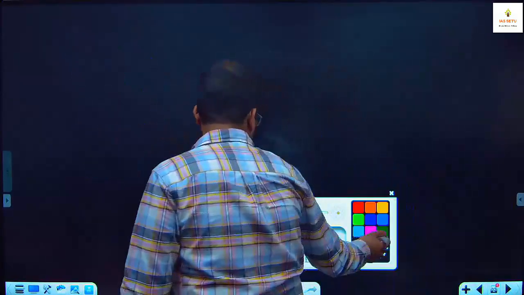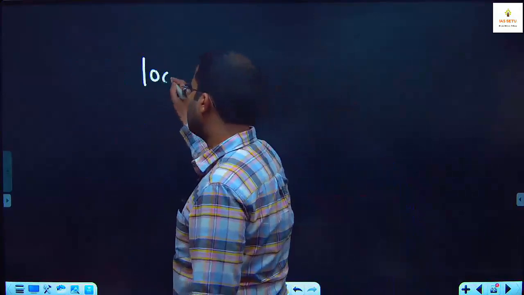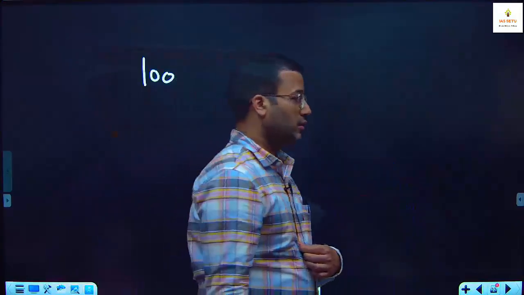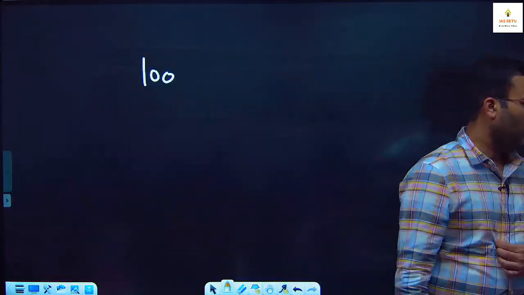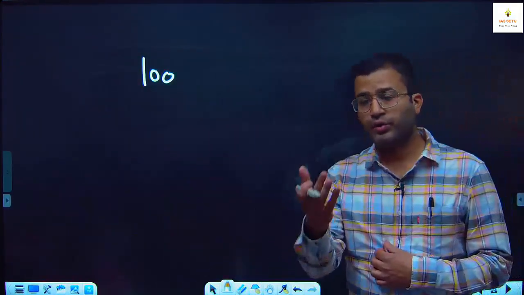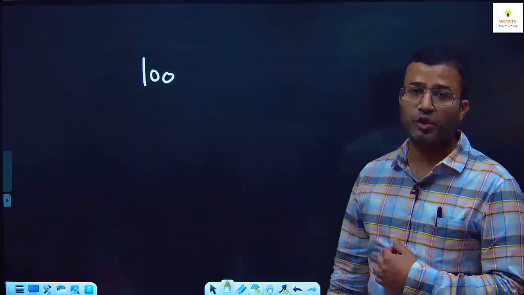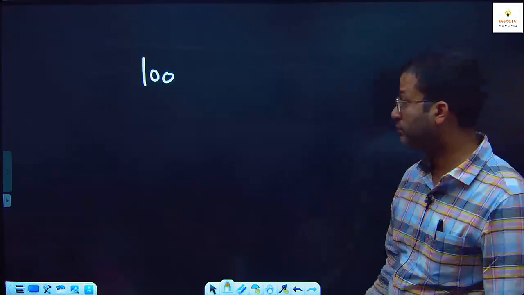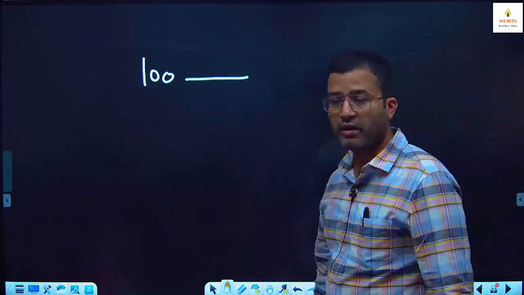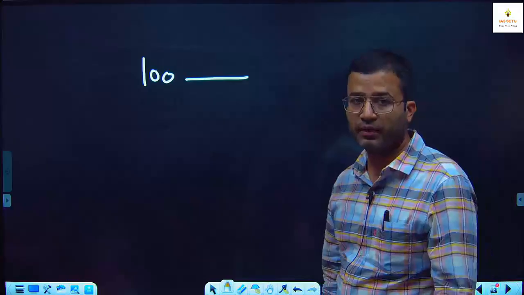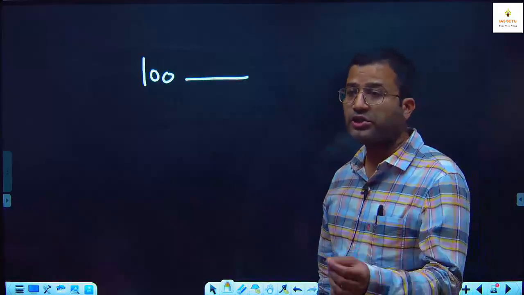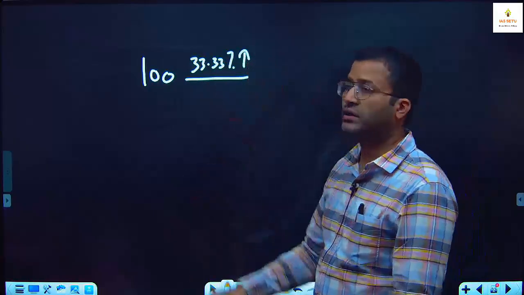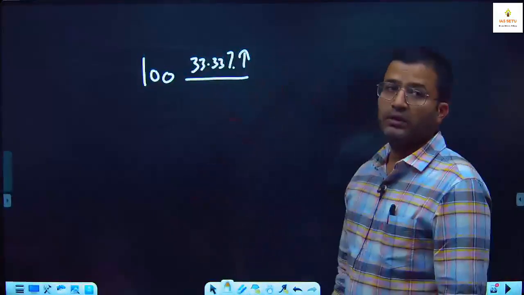Like for example, your salary is 100 rupees. ठीक है. Your boss, that is going to be chief secretary of that state, is happy with your work. क्योंकि आपने उनकी सारी फाइल क्लियर कर दी. He or she has given you a 33.33% increment in your salary. ठीक है.